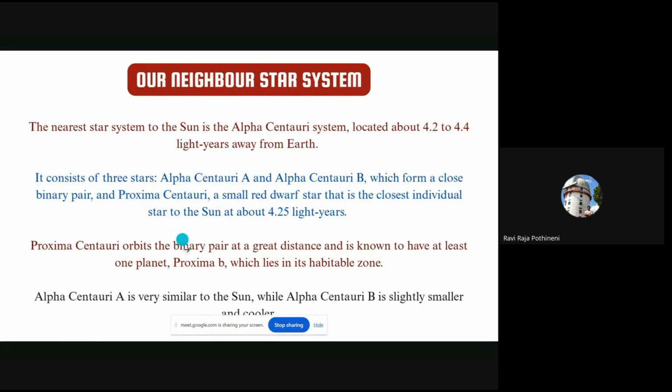There is one planet known to us, that is Proxima b. This lies in its habitable zone. Now, after I classify the binary systems, I will let you know which classification the Alpha Centauri system falls under.